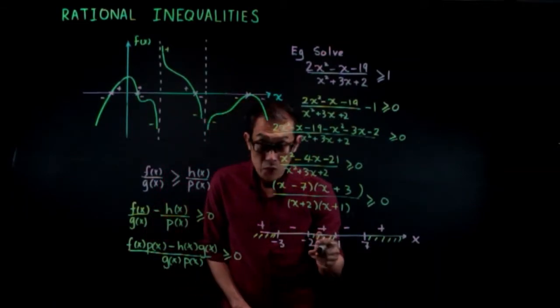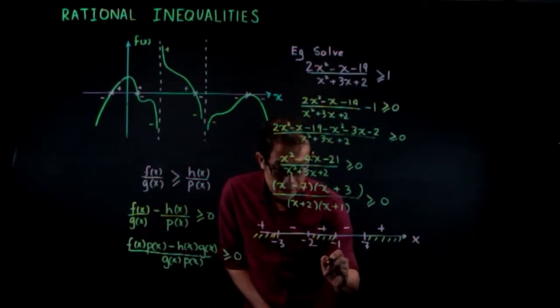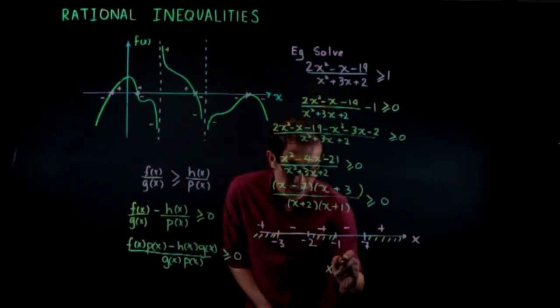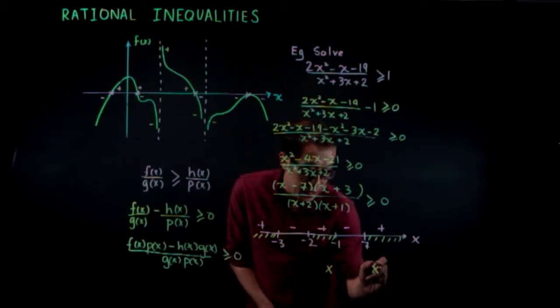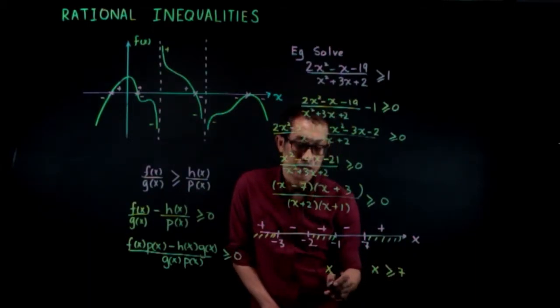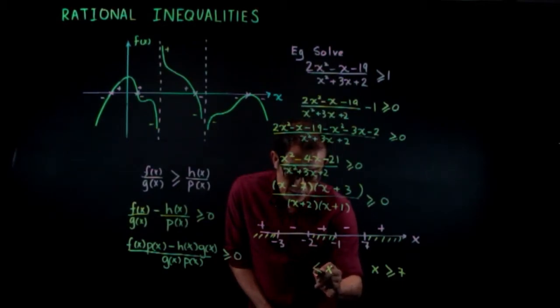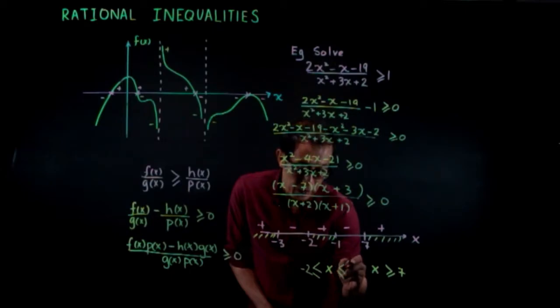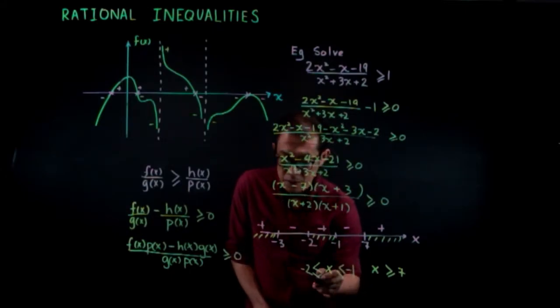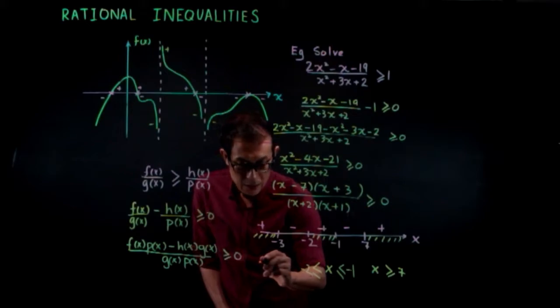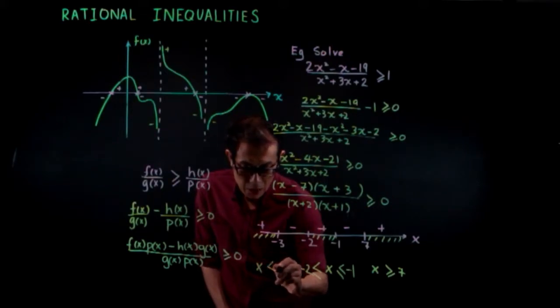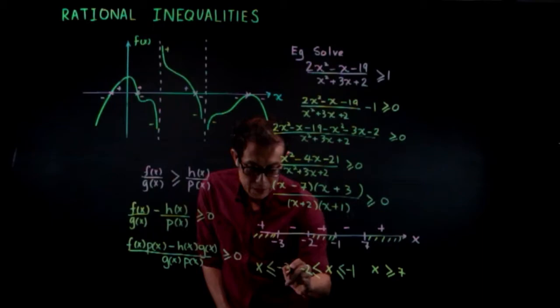So your values of x will be, over here, x is greater than or equal to 7. And here x is greater than or equal to minus 2, smaller than or equal to minus 1. And x is smaller than or equal to minus 3.